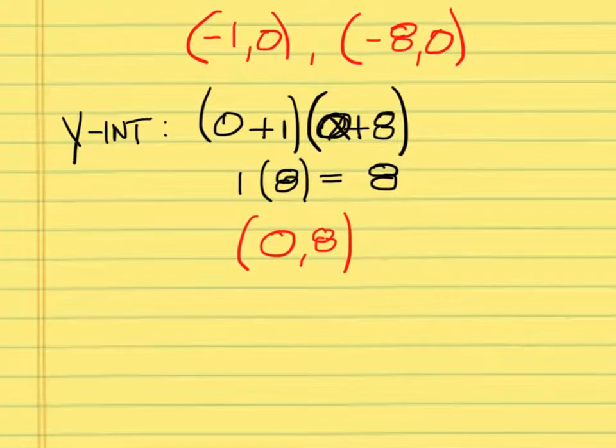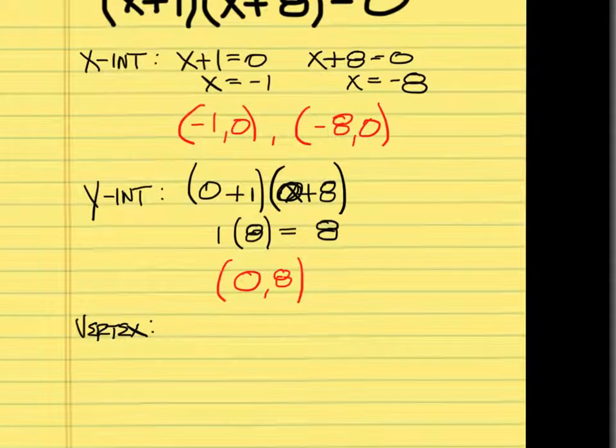Coming up next is the vertex. Step 1 to finding the vertex is to find the x value of the vertex, which is the axis of symmetry. It's the line that cuts the graph in half. To do that, you use the x-intercepts that you found.